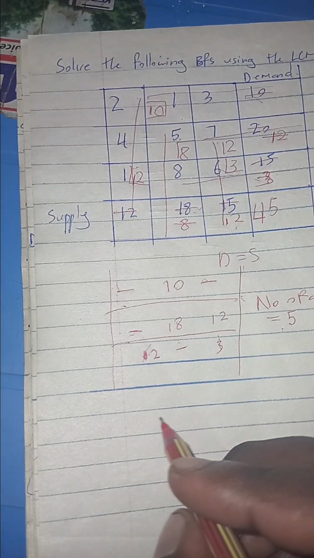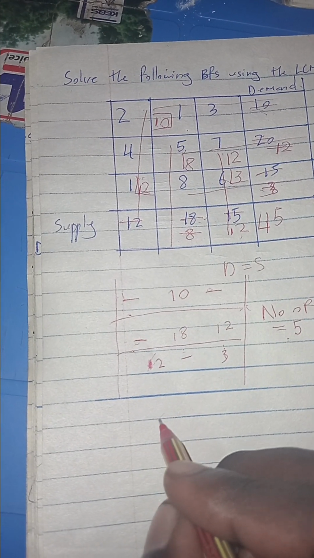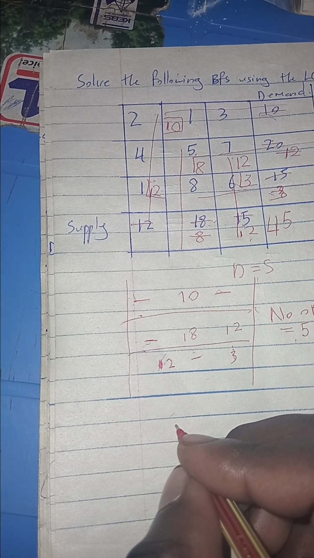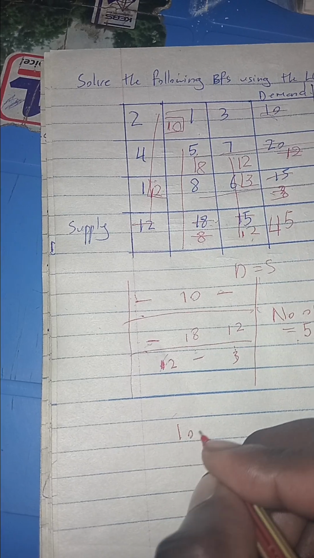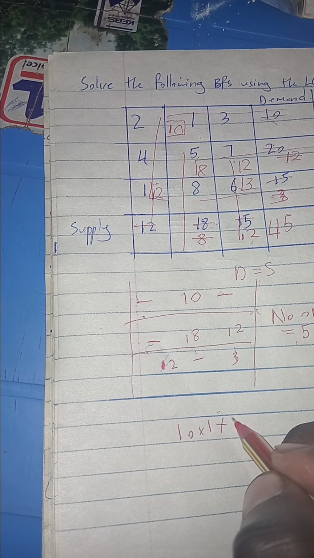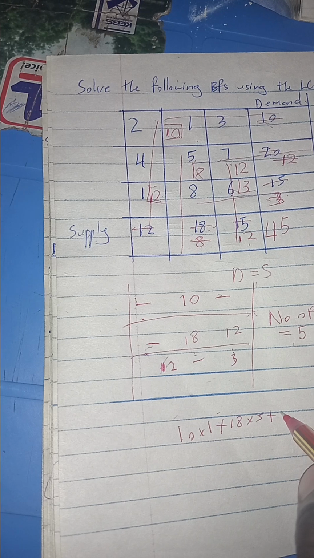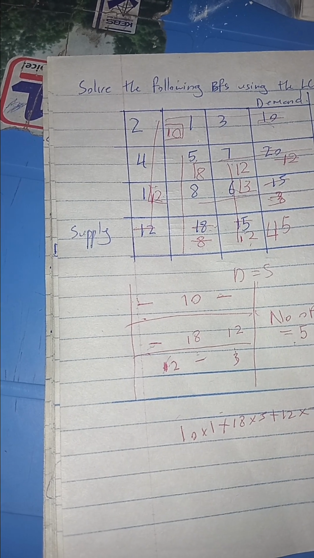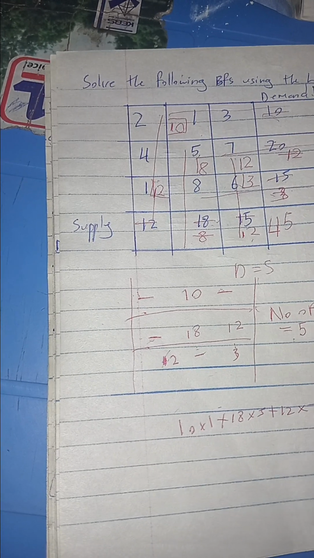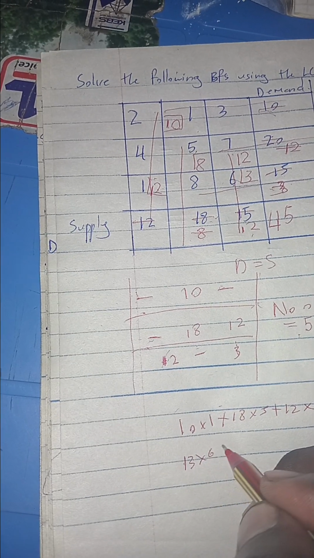Now we finish by calculating the total cost of the transportation model. So we have 10 times 1, plus 18 times 5, plus 12 times 7, plus 12 times 1, plus 3 times 6.